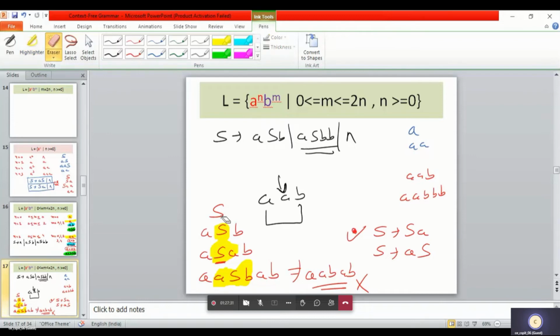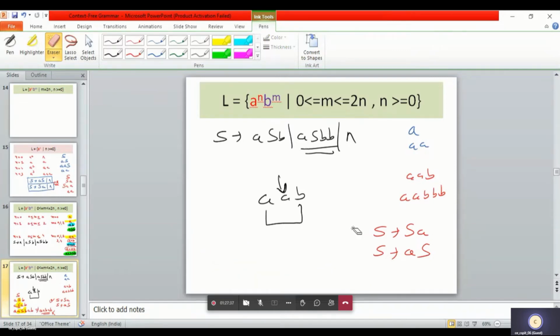So for that reason, here we'll not replace S with SA, and we'll consider S with AS. So now this will not be a problem. S, then we have ASB. Now I will replace S with ASB.